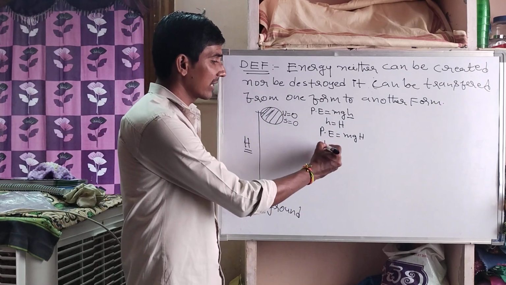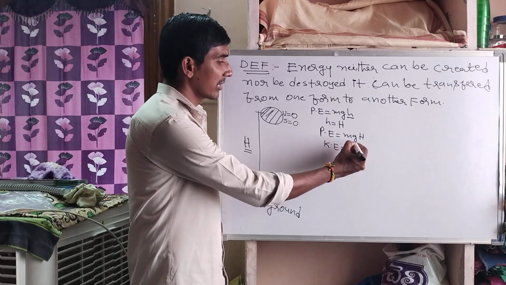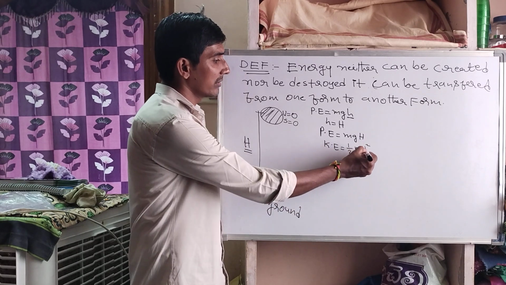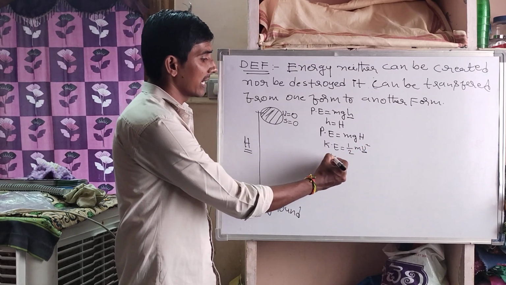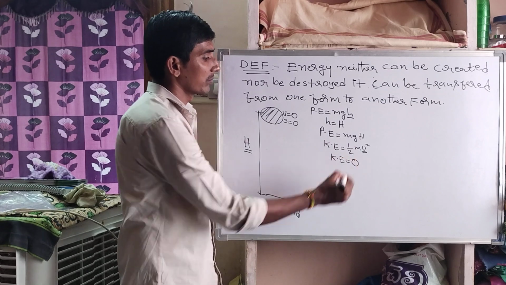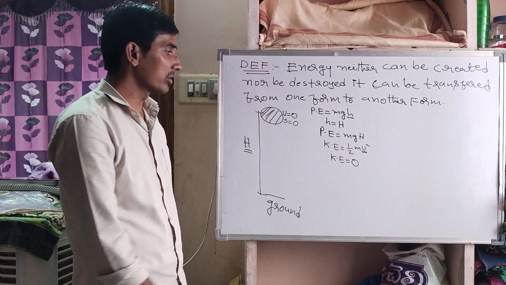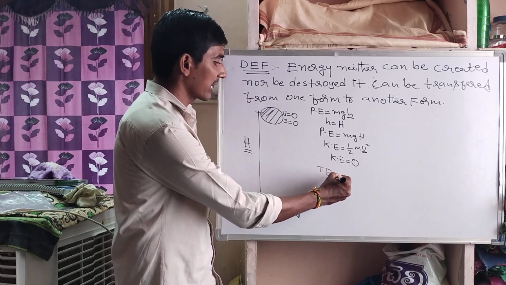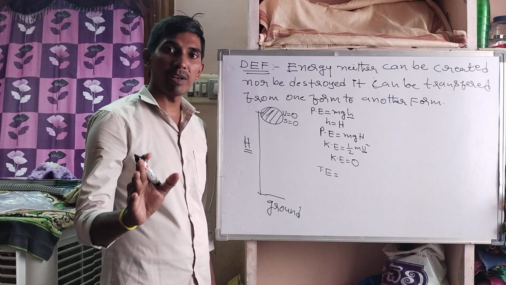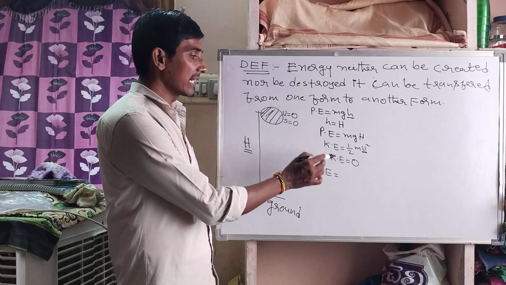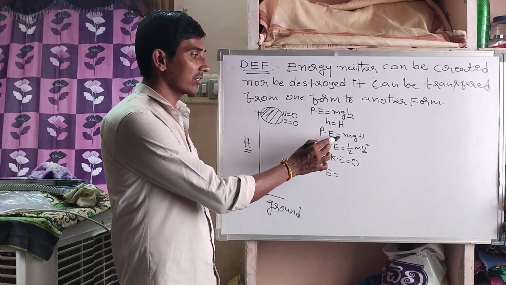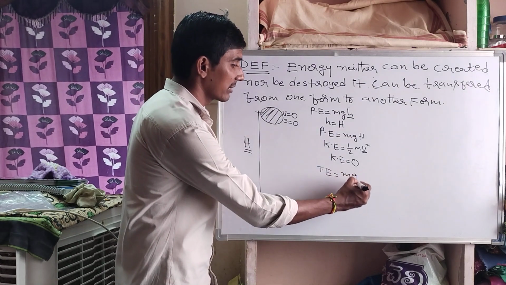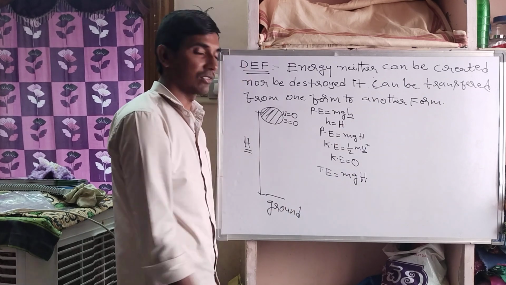So in the kinetic energy equation, 1/2 mv², v is 0, so kinetic energy is also 0. The total energy equation is kinetic energy plus potential energy. Here kinetic energy is 0, potential energy is mgH. So total energy is mgH.